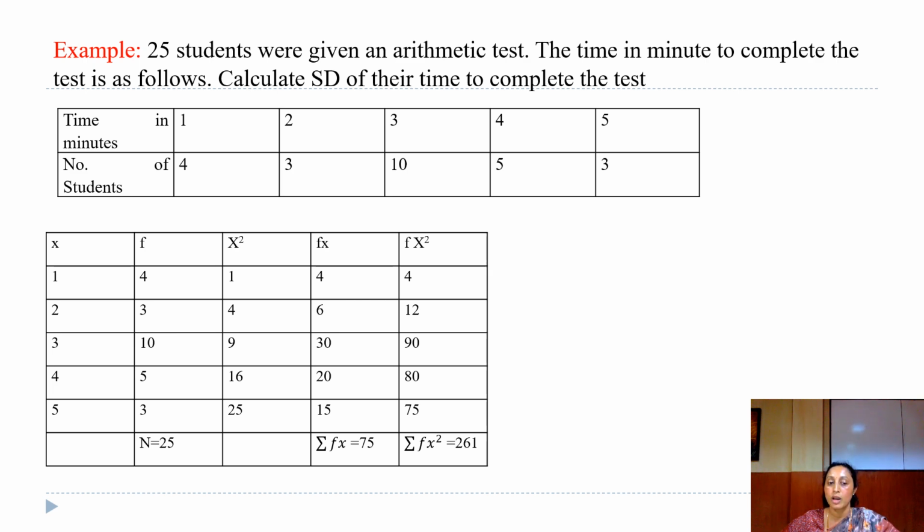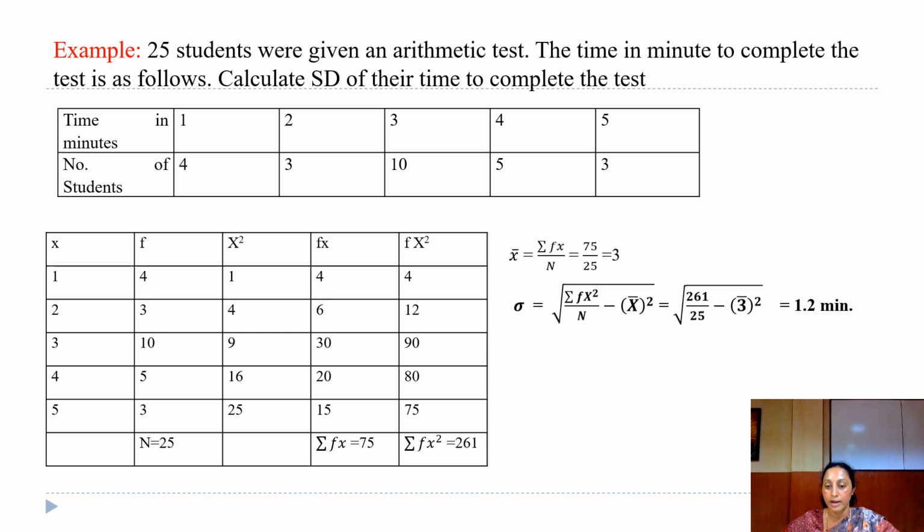Let us find x square, multiply f into x, and also multiply f with x square, and let us take the sum of f into x as well as the sum of f into x square. Here the total number of students is 25. Now let us find the average time taken to complete the test by using the formula total of fx by n. We will get 3.